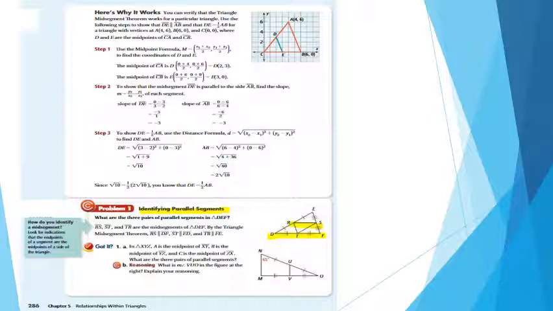This is the first pair. And then, what is the second pair? TS is parallel to DE. This is the second pair. And then what is the third pair? RT is parallel to EF. That's it. About Got it number 1, we will skip because we don't have the triangle.